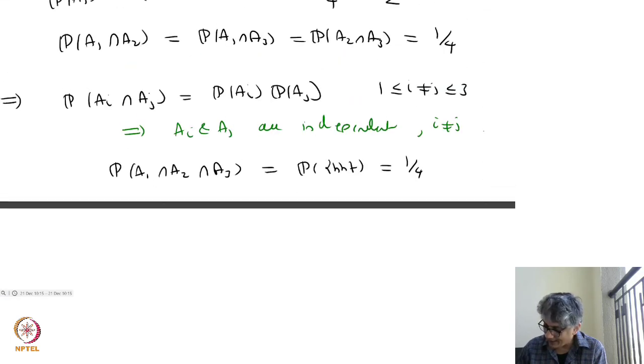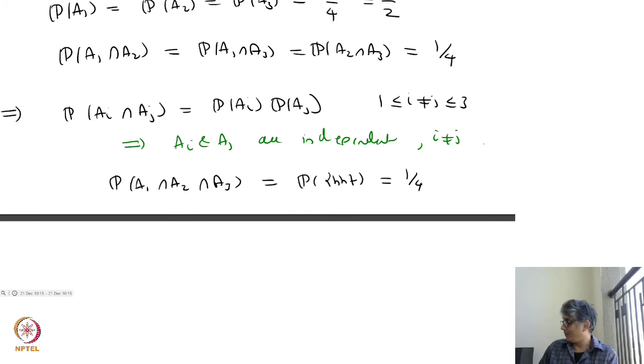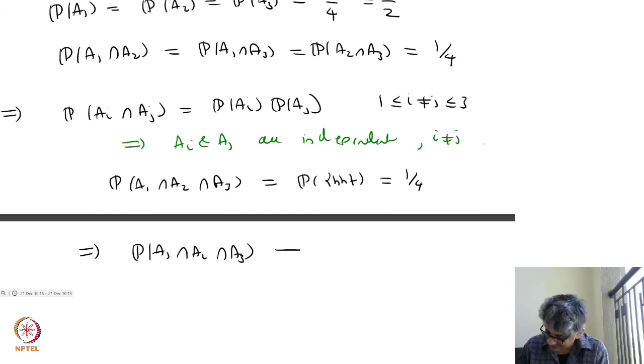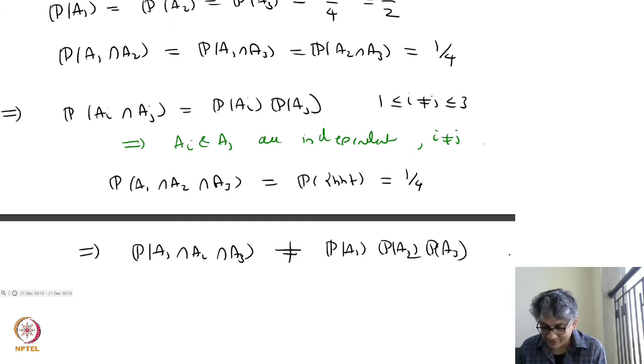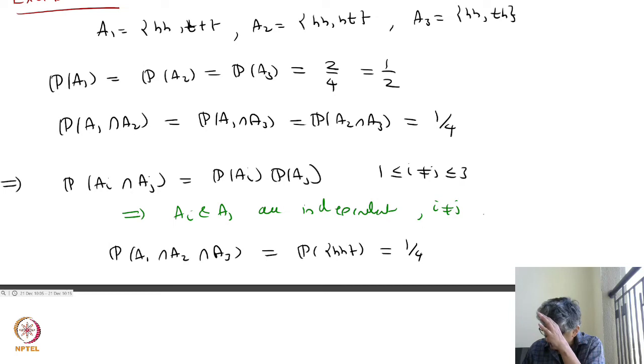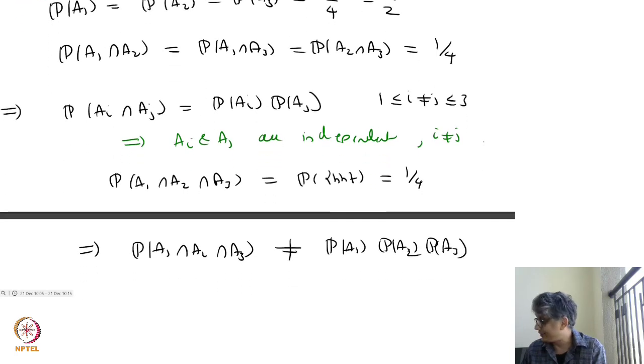So probability of A1 and A2 and A3 is 1/4, which implies that it is not equal to probability of A1 times probability of A2 times probability of A3. So if you have three events that are all pairwise independent, that's not enough to guarantee this third equality.